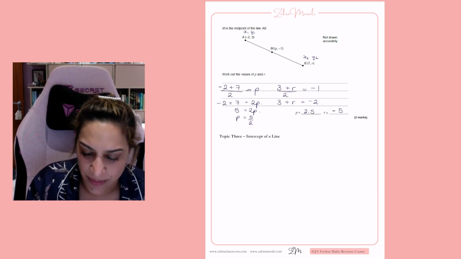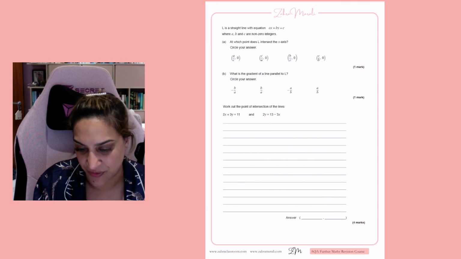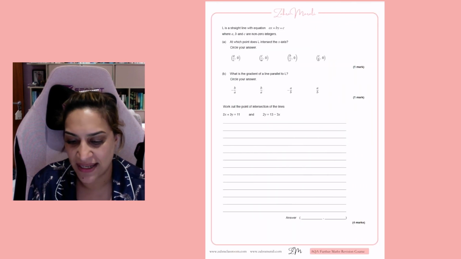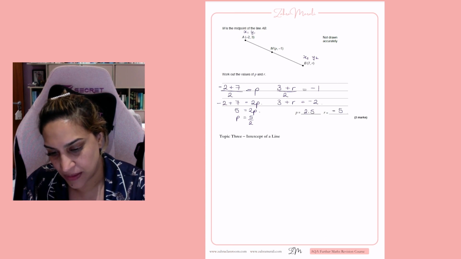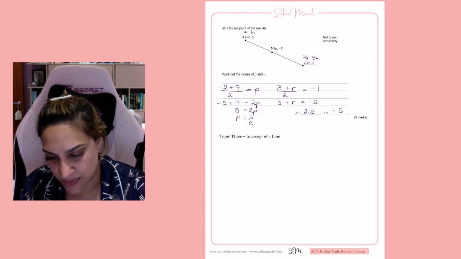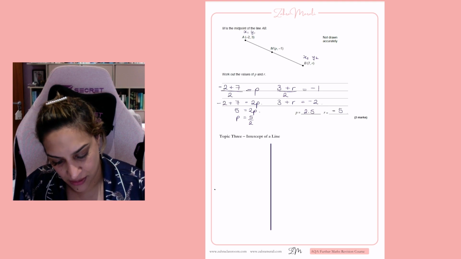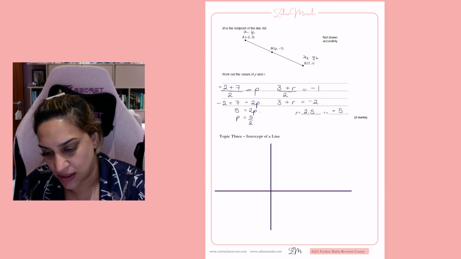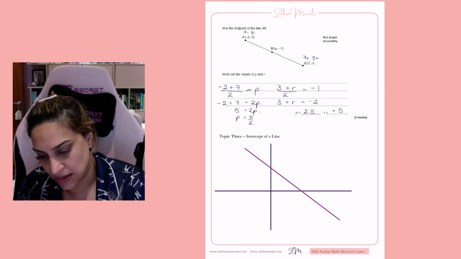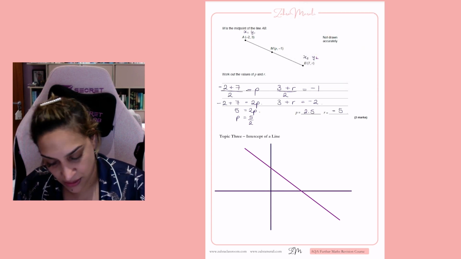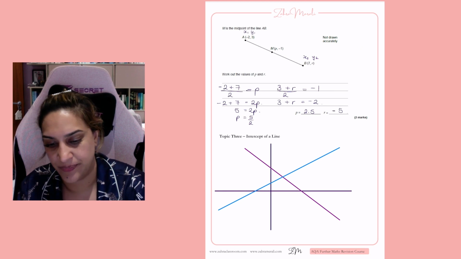The next topic is looking at the intercept of a line. So that's where something crosses an axis. There's lots of different types of intercepts. So if we take an equation, let me take a purple line here, and let's draw a blue line like that.